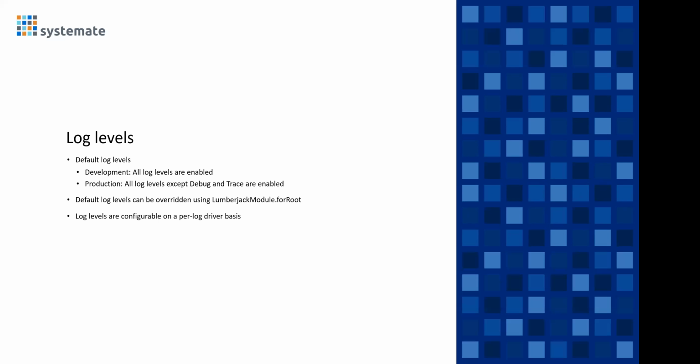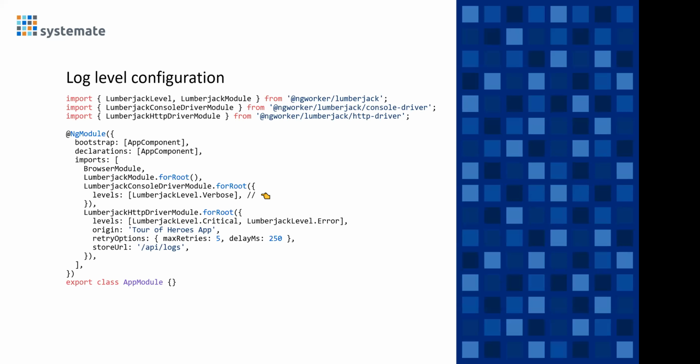It can even be configured per log driver, and it looks like this. Here we're saying that for the console driver, we use the verbose configuration, which means activate all the log levels for this driver. And for the HTTP driver, we're saying we only want the critical and error logs shipped to our log provider backend.